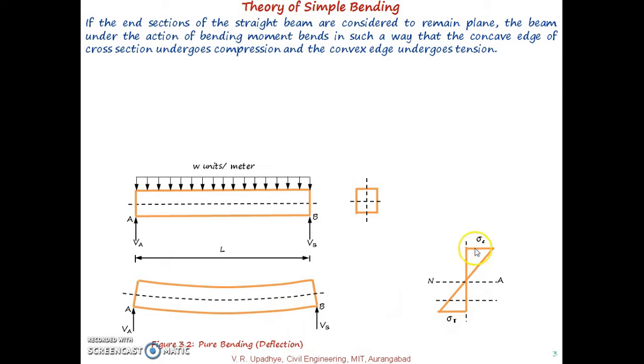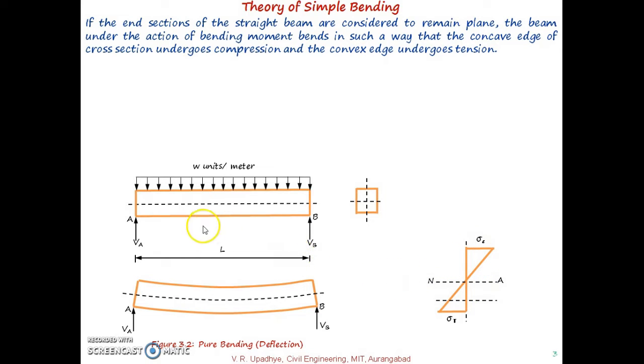It is drawn in this diagram, which is called the bending stress distribution diagram. Below this axis it is subjected to tension, and above this axis it is subjected to compression.